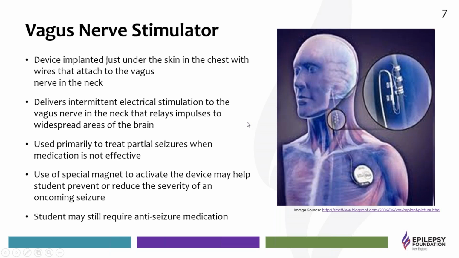Really, I personally can't think of a single person who came off of meds with the VNS, but they still use both, and between their anti-seizure meds and the VNS, they are noticing a reduction in the frequency and the severity of their seizures.